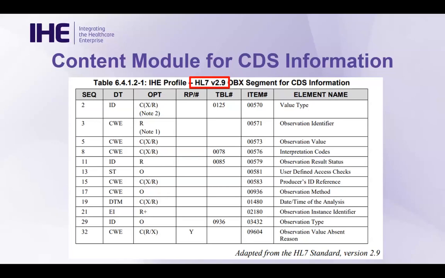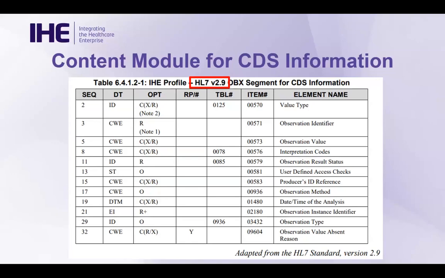Other OBX segments are still using 2.3.1 or 2.5 specification. We specifically highlighted this because some of the specification in this segment, the data type and the content, has a slightly different specification than in the earlier versions of HL7 2.3 and 2.5.